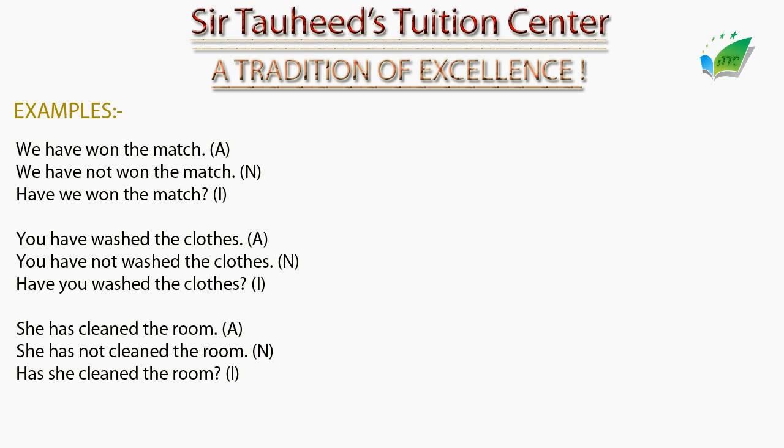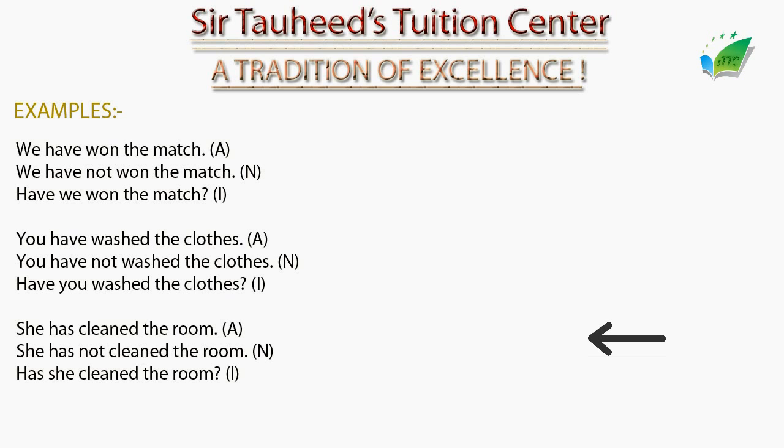Next example is, she has cleaned the room. In this sentence, you can see the subject is she, which is third person singular. So we have used has after she because we have to remember that only with the subjects from third person singular we use has.